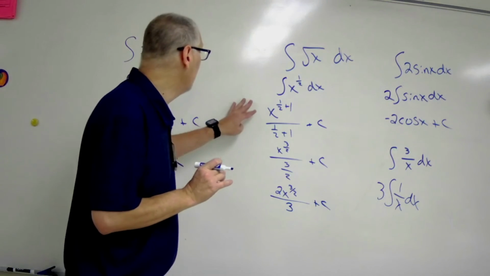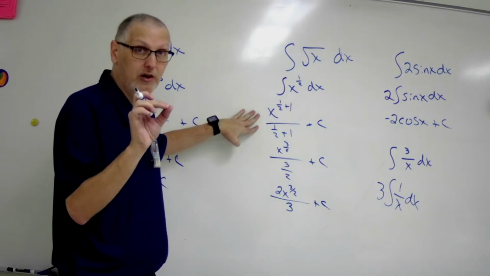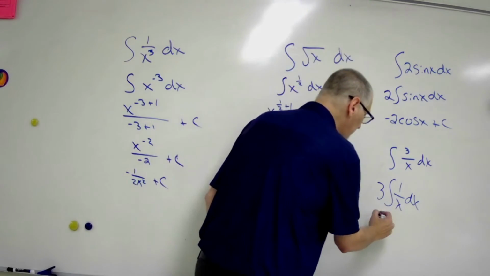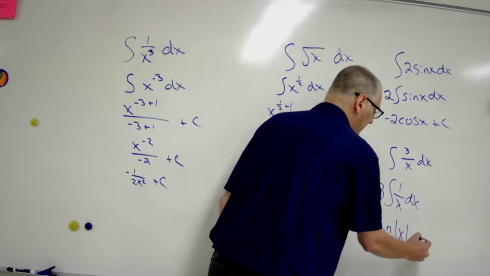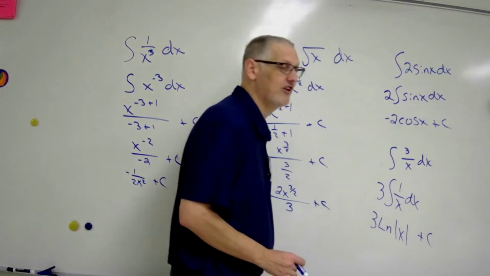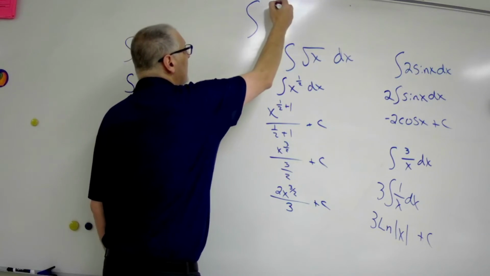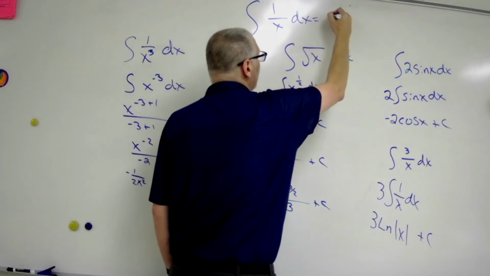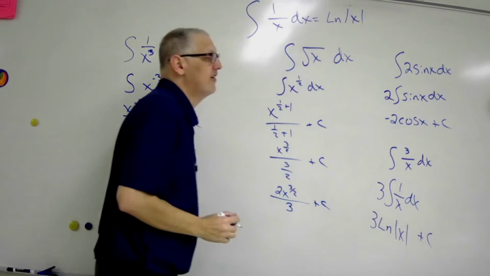You can only use the power rule as long as your n doesn't equal negative 1. When it's negative 1, it's always going to be ln of the absolute value of x plus c. That's just another integral rule.